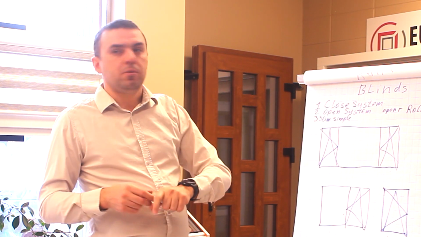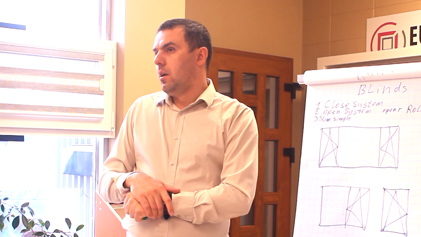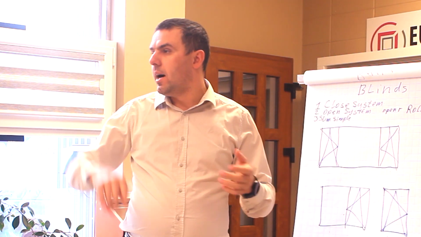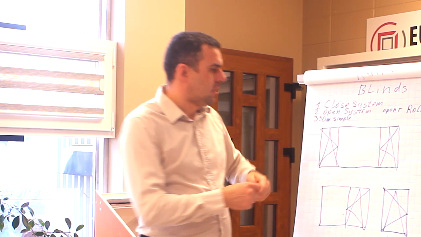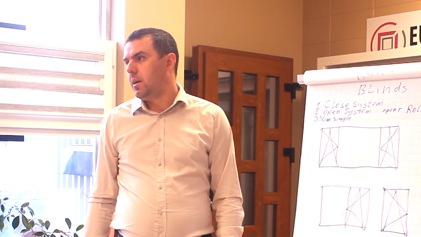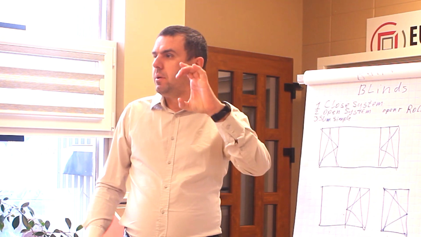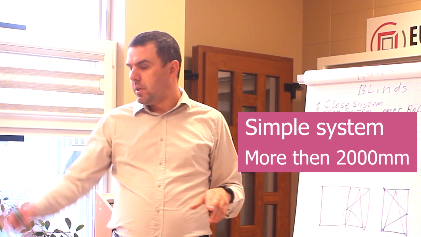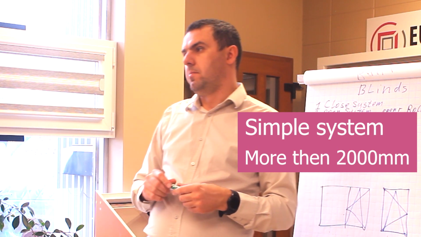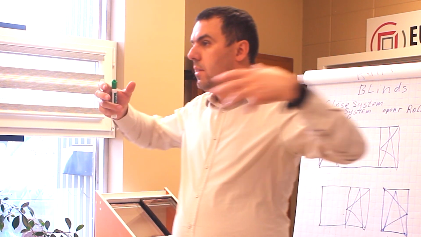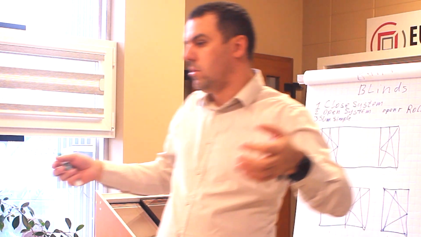So the closed system comes with cons too. With a single fabric, we don't care about the width and height. If this distance is more than 2 meters, we're probably not going to do a closed system. It would need a very big and thick special roll. But up to 2 meters we can do the simple system. The issue is the width and weight, how it's going to sag.